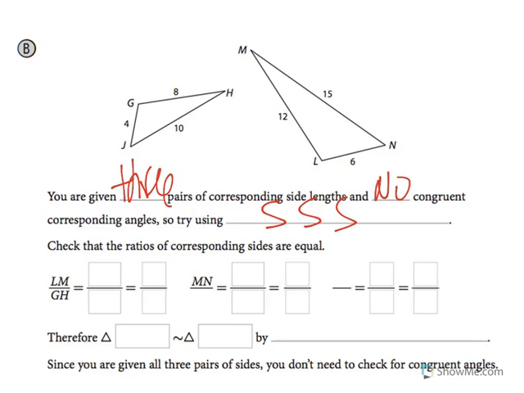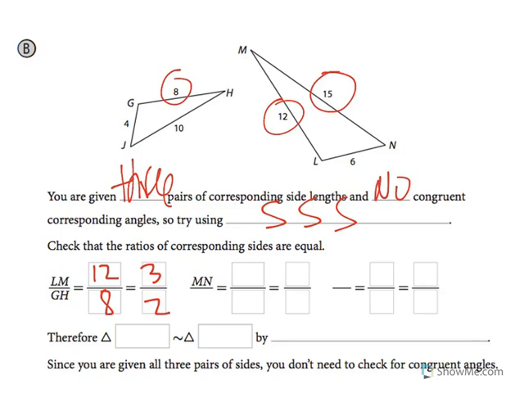So we say LM over GH. LM is 12, and G to H is 8, so we can reduce by 4. So then 3 over 2. And MN is 15.